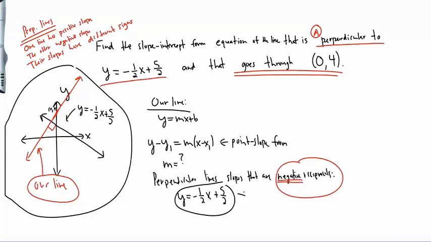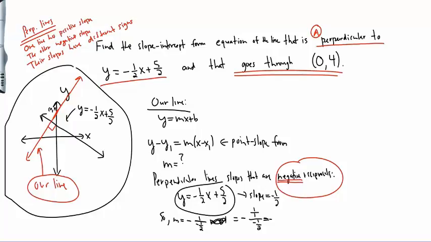This line has slope equal to minus 1/2. We read that off from the slope-intercept form. So the slope of our line is the negative reciprocal of negative 1/2. Let's write this as a quotient of rational numbers. Negative 1 divided by negative 1/2.